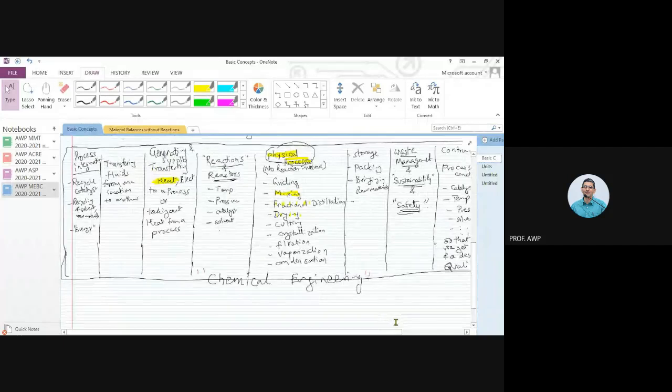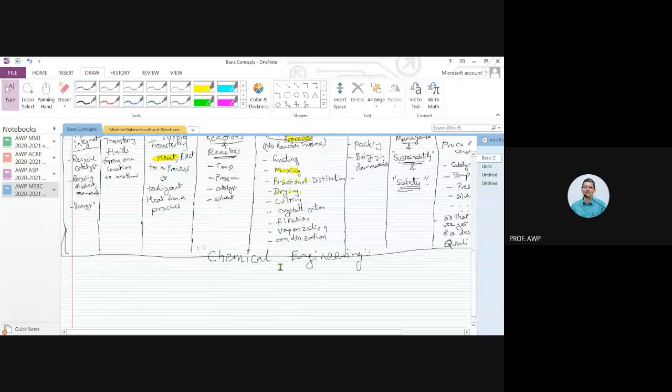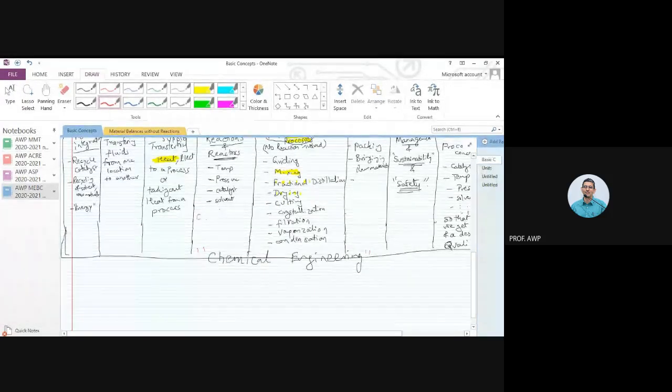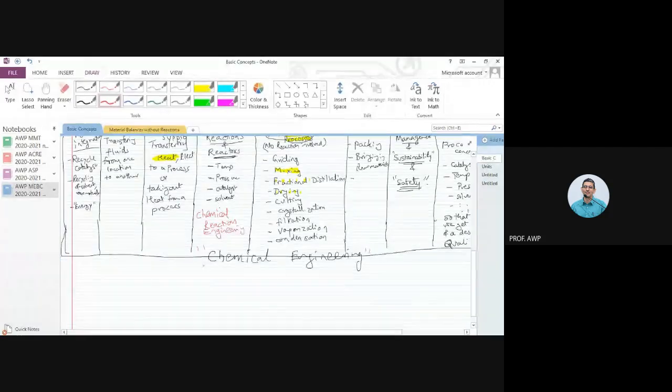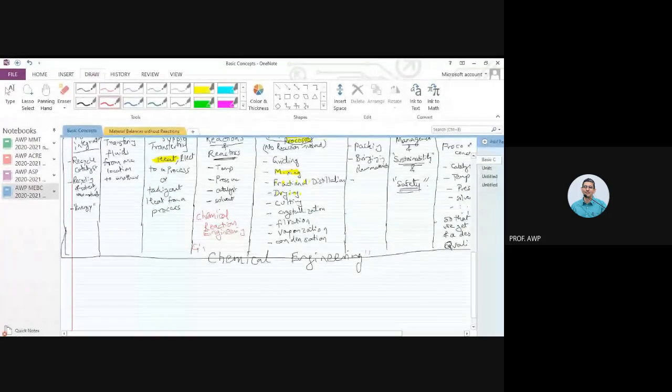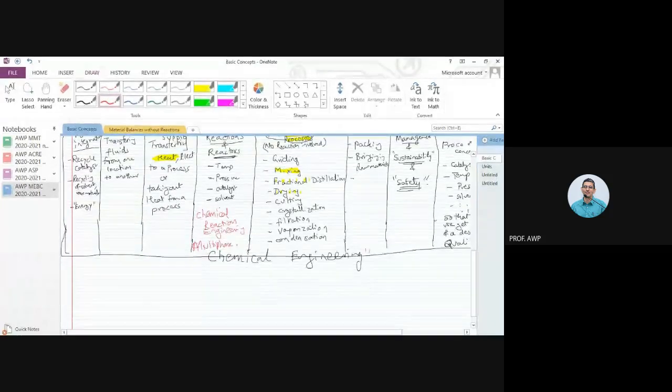Let me give you an example. The reactions and reactors that you are going to talk about, they are all going to be part of a course called Chemical Reaction Engineering, semester 5, and multi-phase reactors, semester 6.